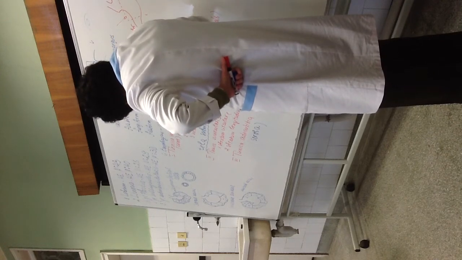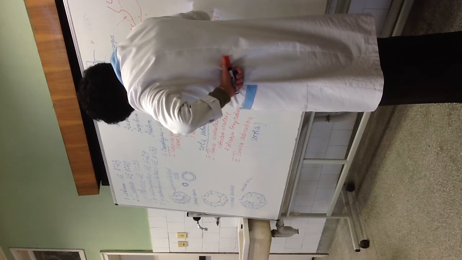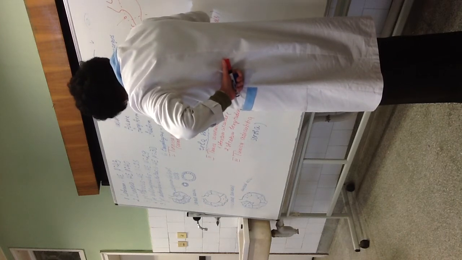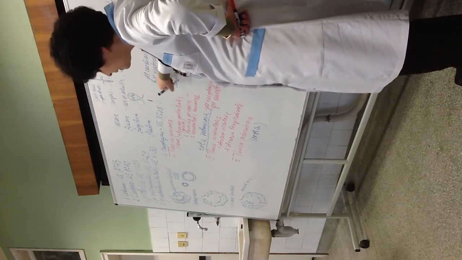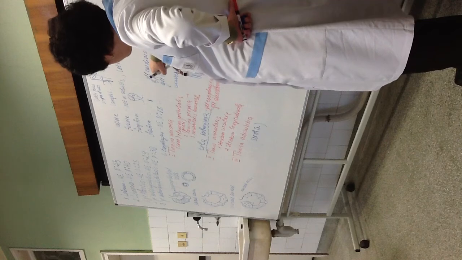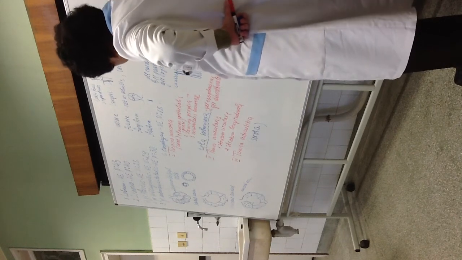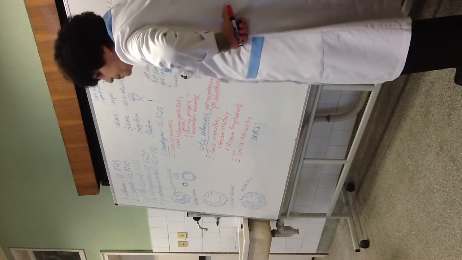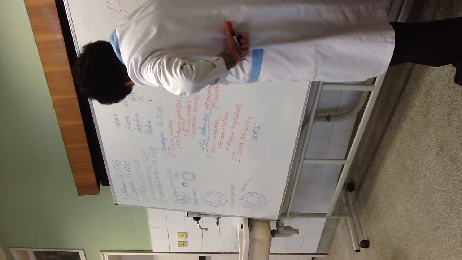Tightly packed simple tubular glands are the proper gastric glands, but in the cardiac and pyloric regions the glands are branched tubular.